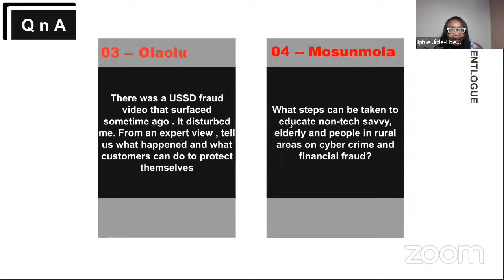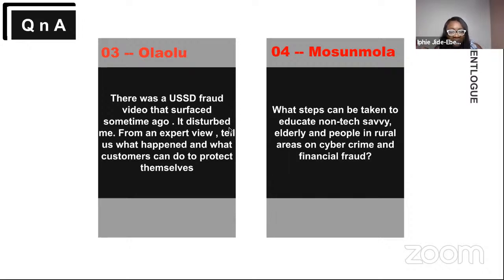So okay, Ola, there's this video that surfaced sometime this year, or was it during COVID? I think it's earlier this year, and it was some guy that was caught. He's a phone thief as well as a scammer. And he was relating in detail, because he spoke for a while in Yoruba, how he does the business that he does, and people that understood that video were very disturbed.